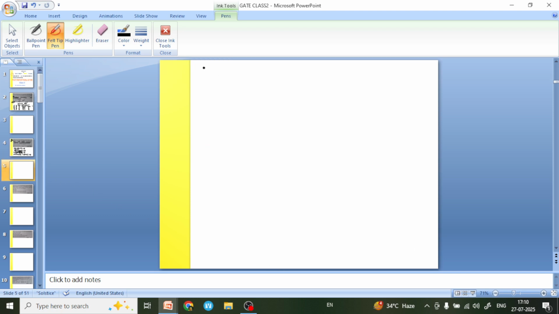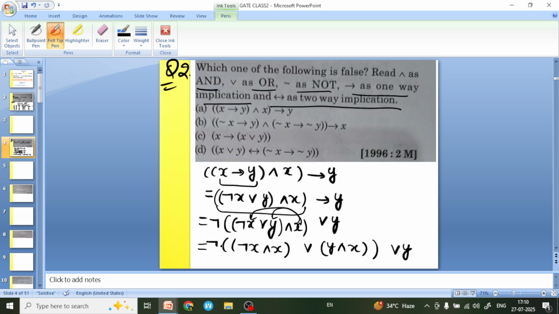And then you can see here not x and x is equal to false, or y and x, or y.